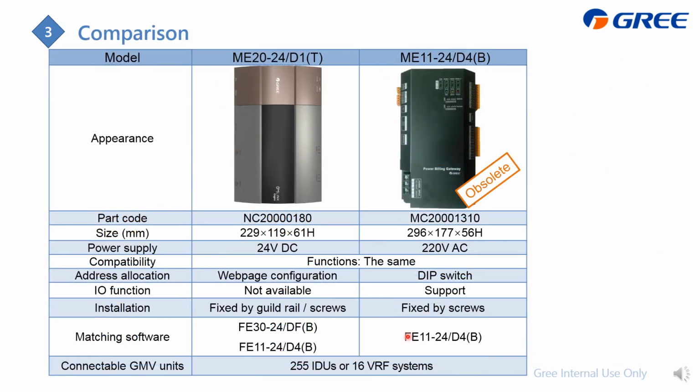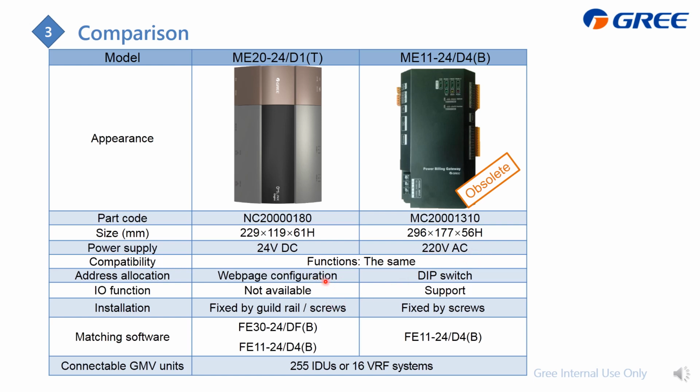And here is the comparison between the new and old gateway. You can find the difference besides the size is the power supply. The new one is 24 volt DC. The old one is 220 volt AC.